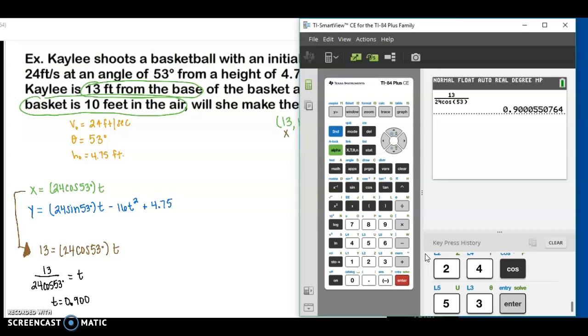Okay, so what we're going to do next is take this time that we just figured out and plug it into the y equation to see if it gives us 10. So we know y is 24 sine of 53 degrees times the time, which is 0.9, minus 16 times 0.9 squared plus 4.75.